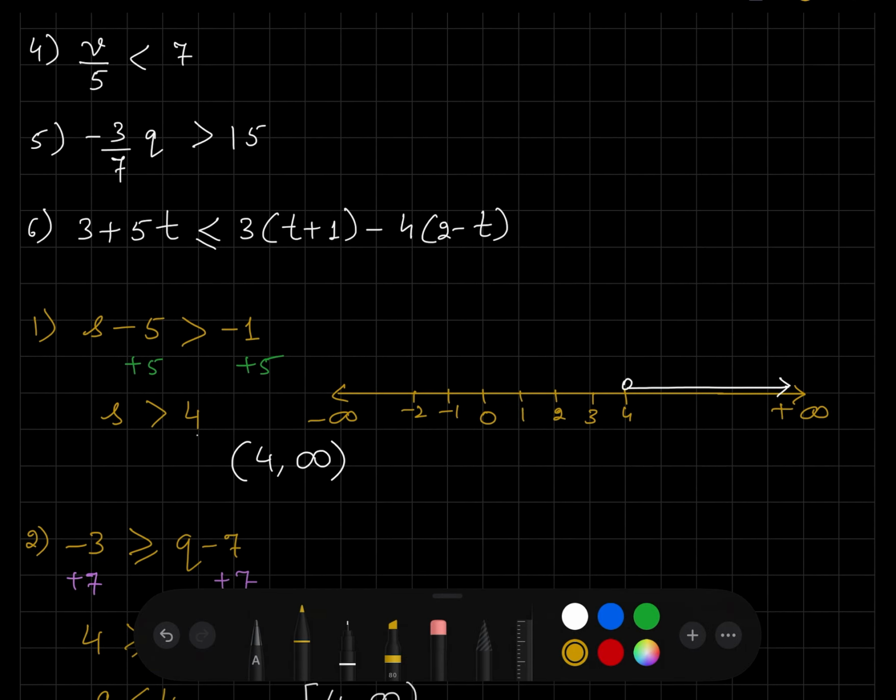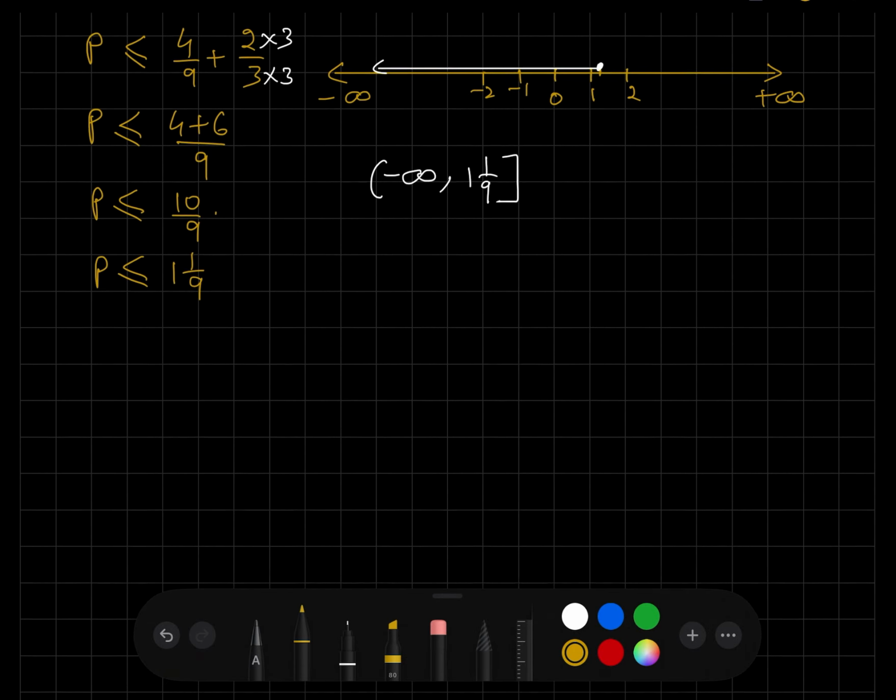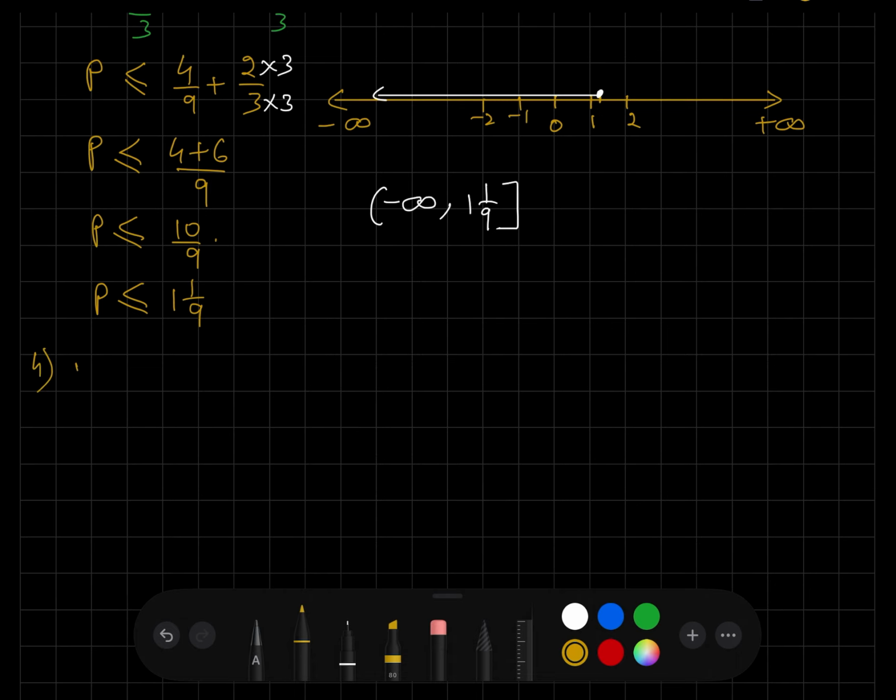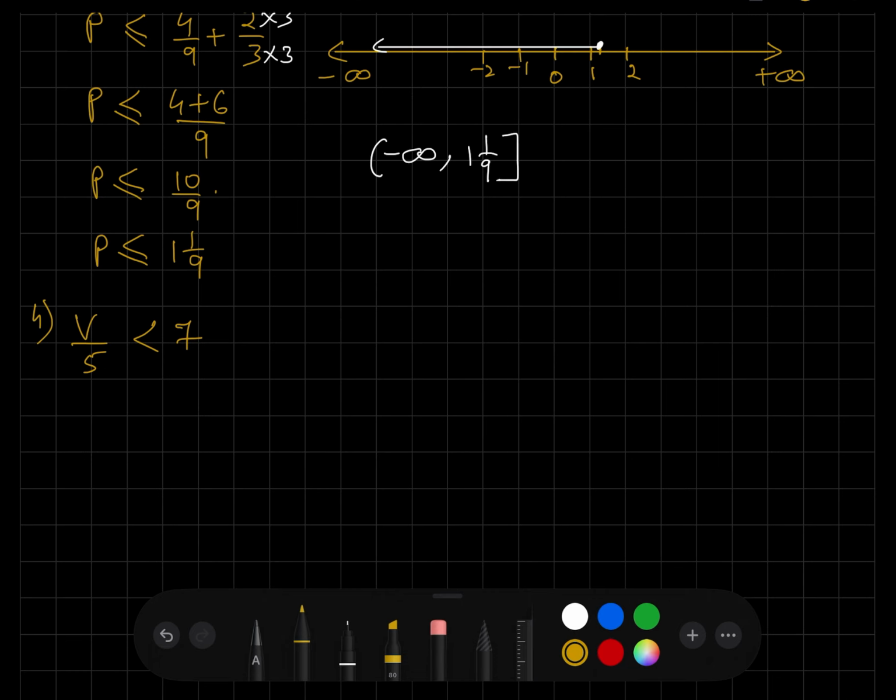What I have written: v over 5 is less than 7. Very easy. Simply multiply by 5 on both sides, and we are left with v is less than 35. It's too big, but no problem.